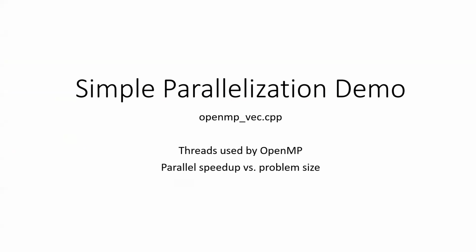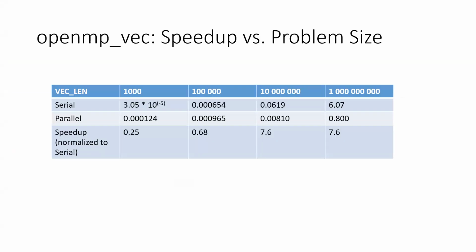Is that good? So we have these speed ups and the problem size. For 1,000, we have a 0.25 speed up, so that's a 4 times slowdown. For 100,000, we have 0.868 speed up.